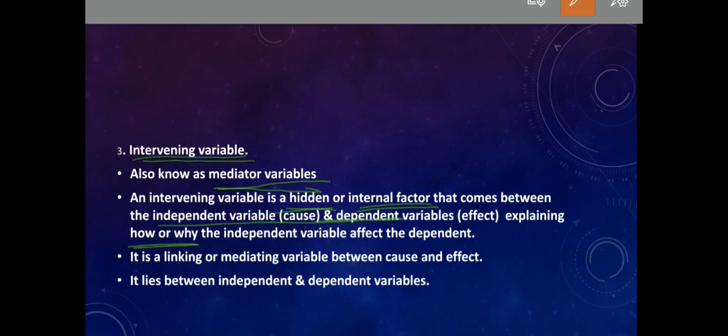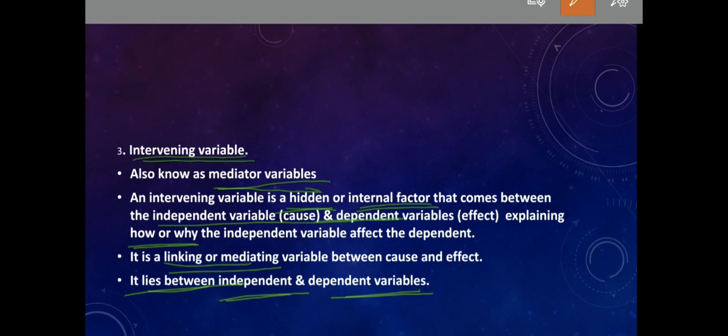It links the two variables, that is why it is called a linking or mediating variable. It lies between the dependent and independent variable. If the question comes on which two variables it lies between, that is independent and dependent variable.